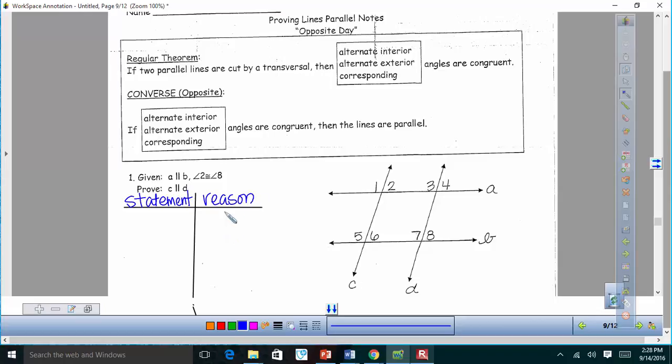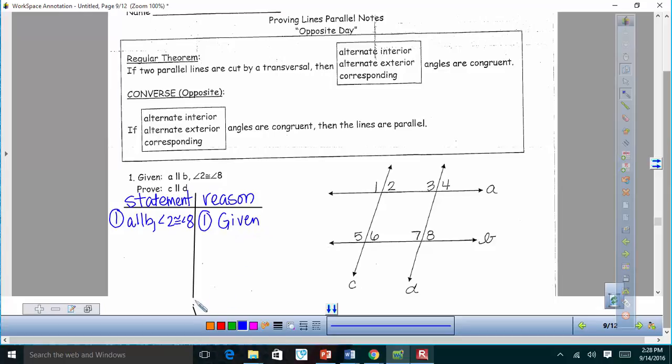Four. We're still going to have four. So go ahead and do your first one. What is our first always? Our given. So we're going to do A is parallel to B, and angle 2 is congruent to angle 8. And we know that because it's given.